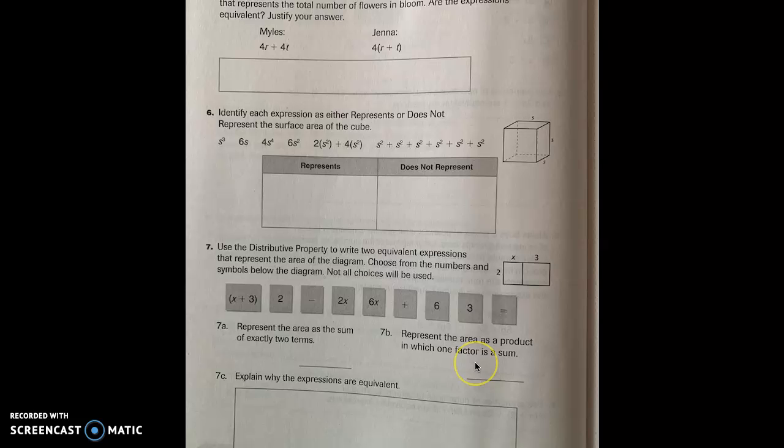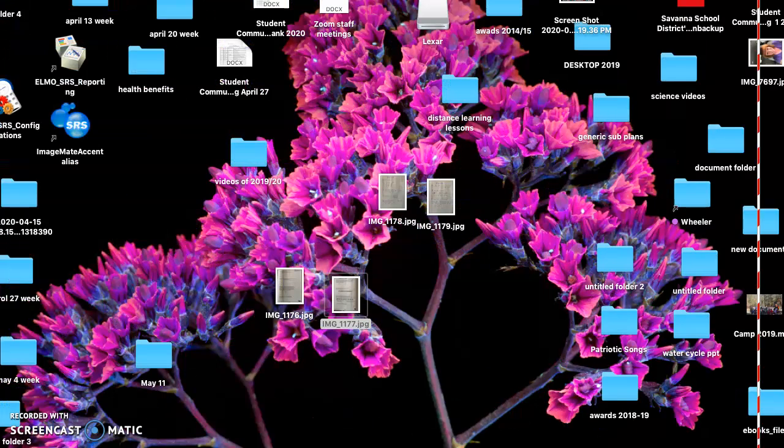For the second answer, you want to use the distributive property: 2 times, parentheses, what plus what. And then explain why the 2 expressions are equivalent. Once you have 2 expressions here, use the distributive property for part B to show why they are equivalent. Finish 1 through 7 before you continue with the video.